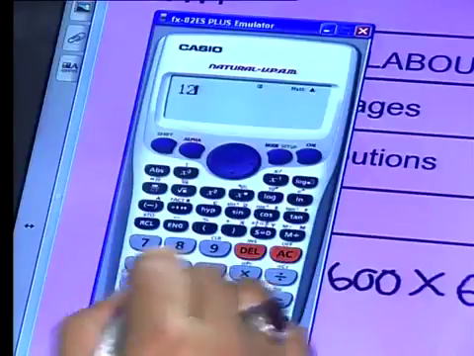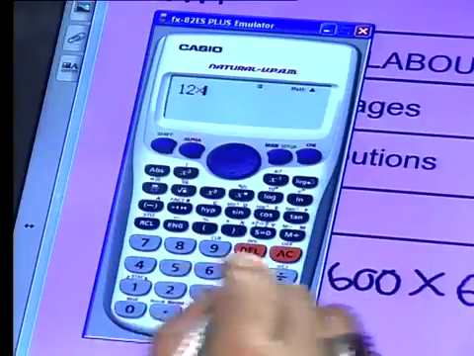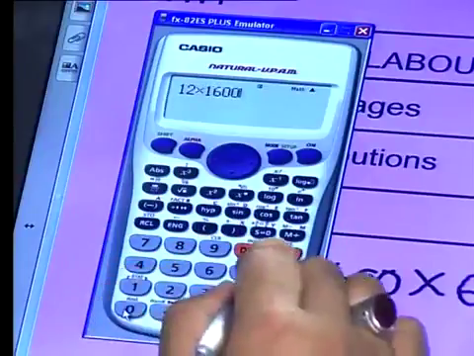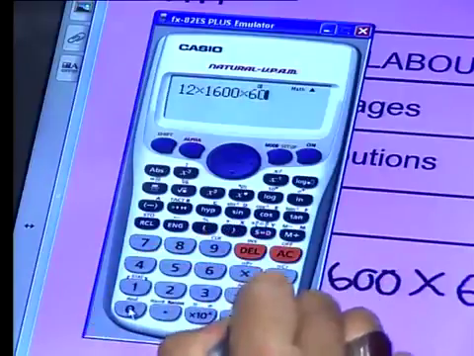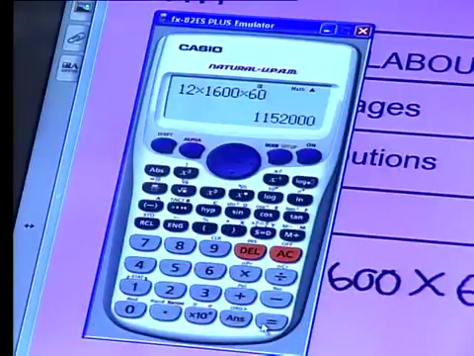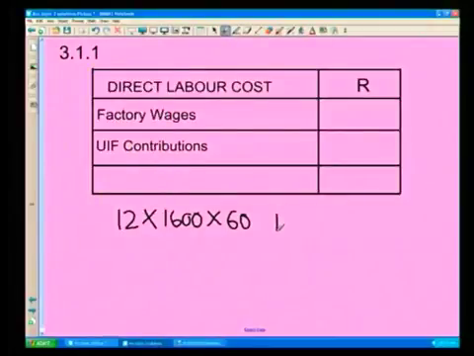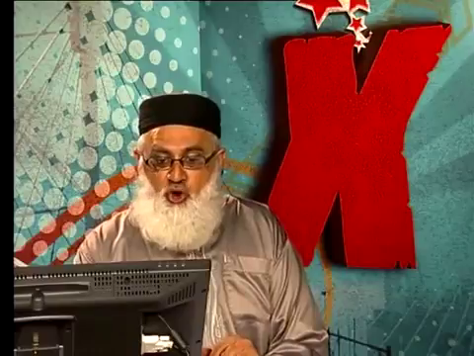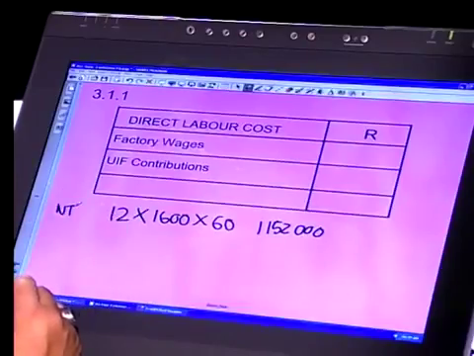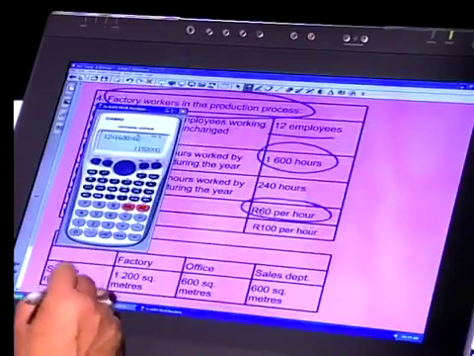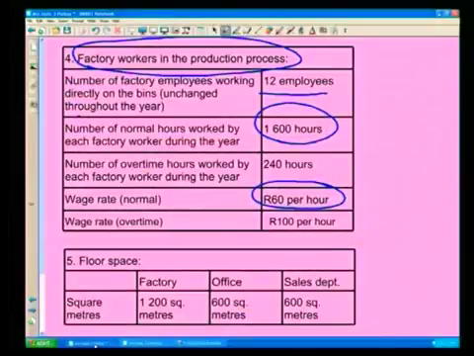They worked at 60 Rand per hour, so times 60. Let's do this calculation: 12 times 1,600 times 60 gives me 1,152,000. So immediately I've got my answer here. Do you see that? Remember, that was normal time.